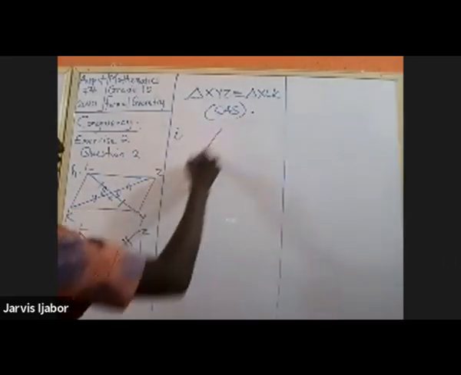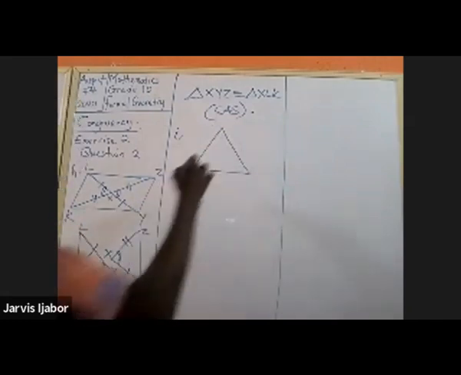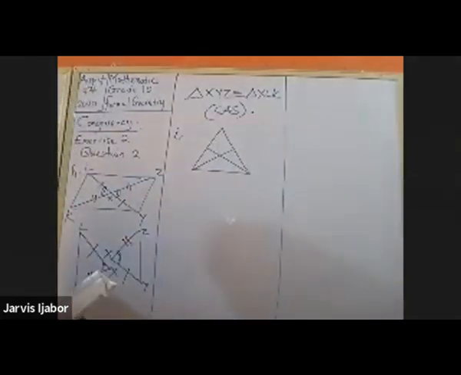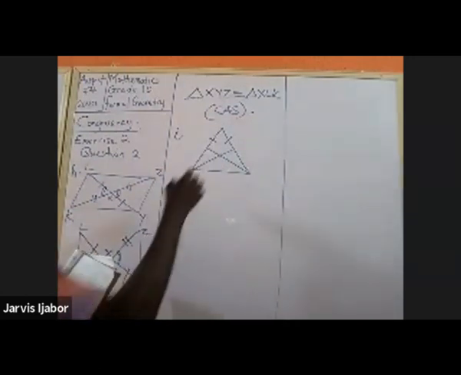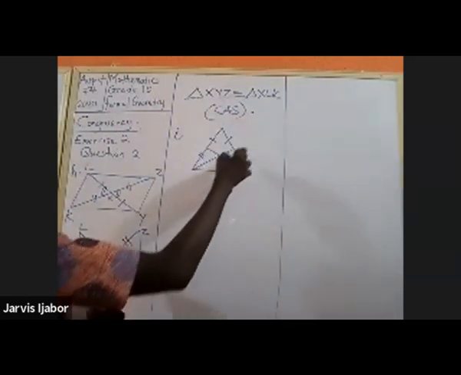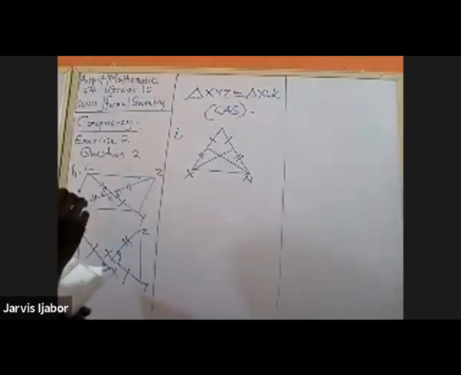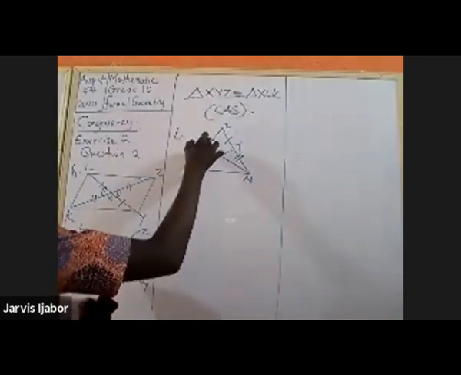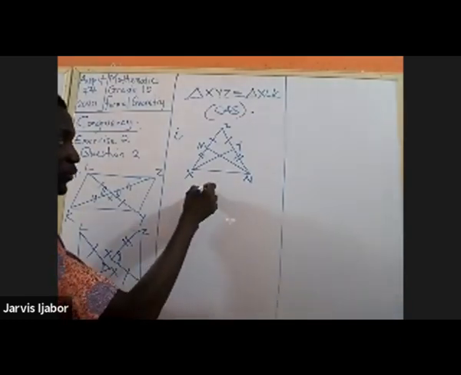In question I, we have a triangle. X and Y, Z, N. So look at the figure we are concerned with now. Look at one of them. Look at it all.